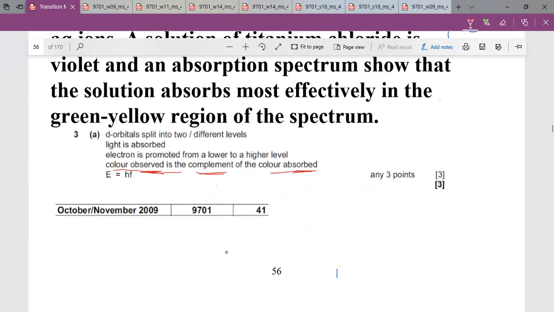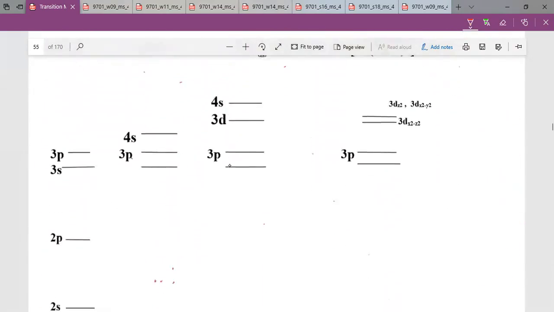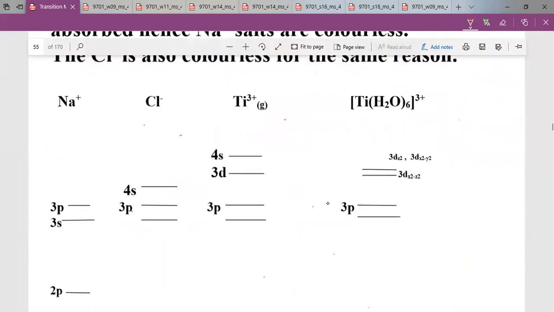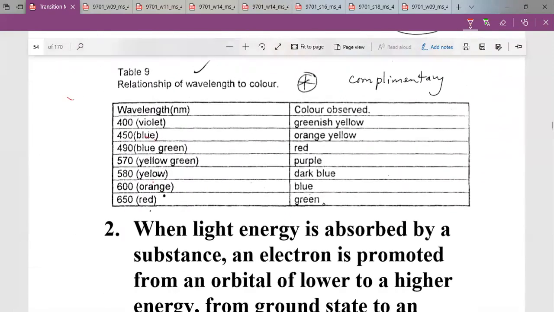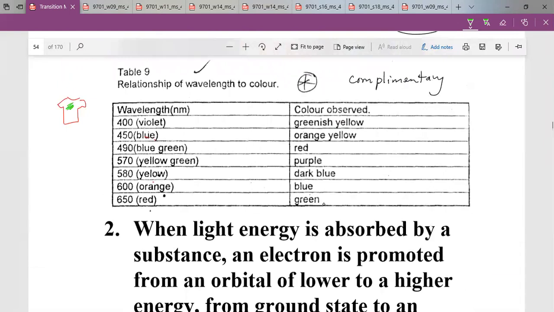Let me ask you a question now. Let's say you are wearing a green shirt. In white light, it's a green shirt.